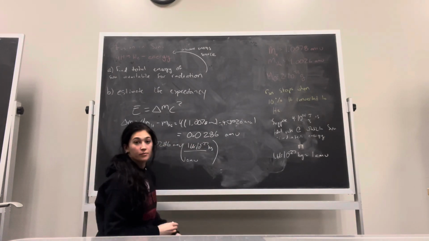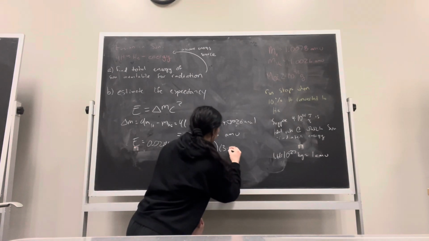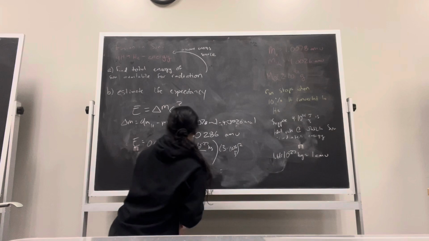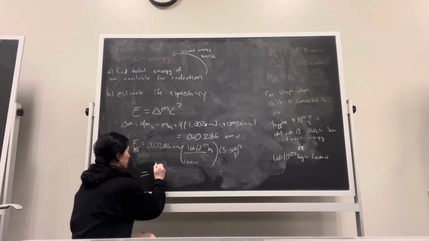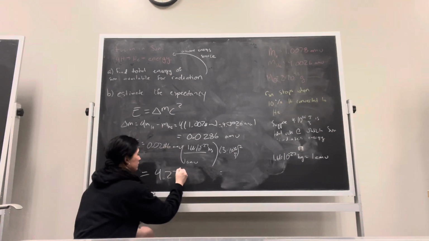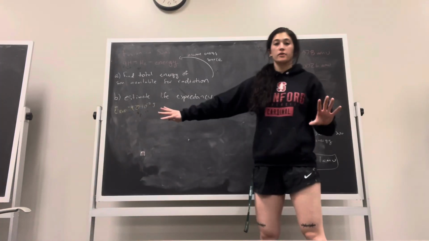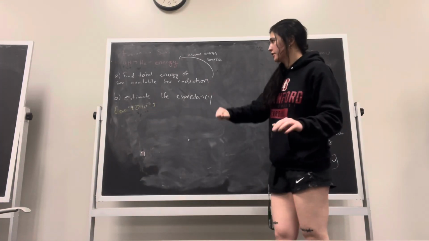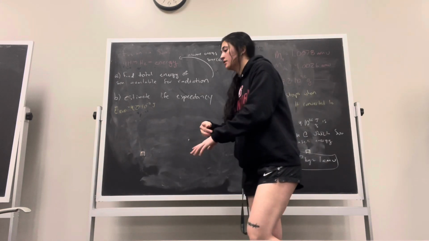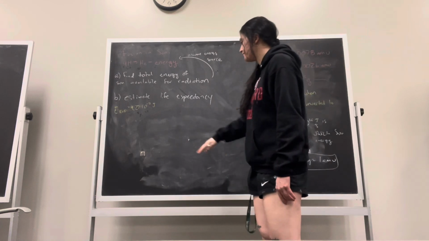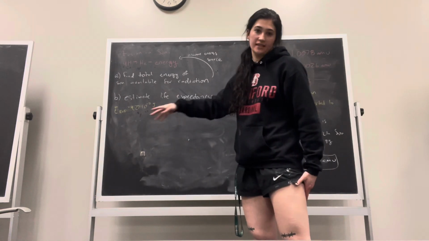And then our speed of light squared, 3 times 10 to the 8th meters per second squared. This comes out to be 4.27 times 10 to the negative 12 joules. Okay, now we know the energy of one fusion reaction, but to find the total energy of the sun that is available for radiation, we need to figure out how many times this happens.